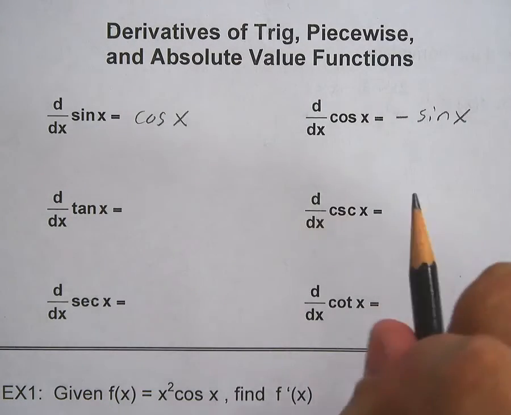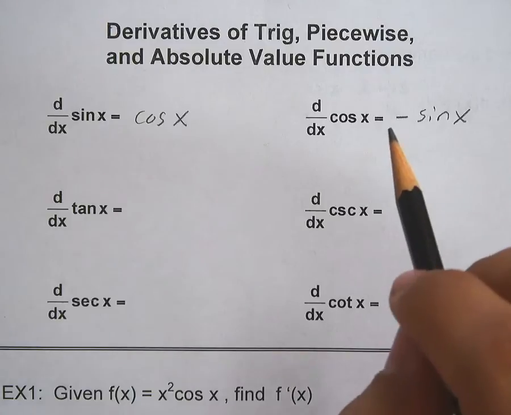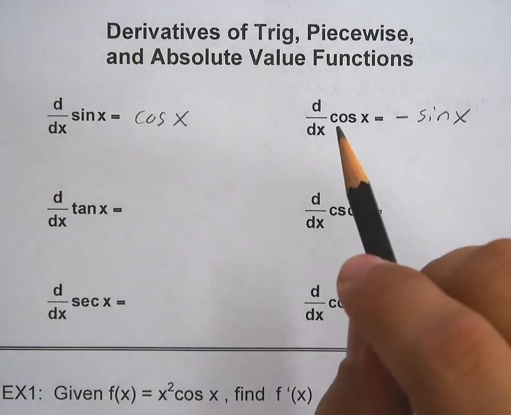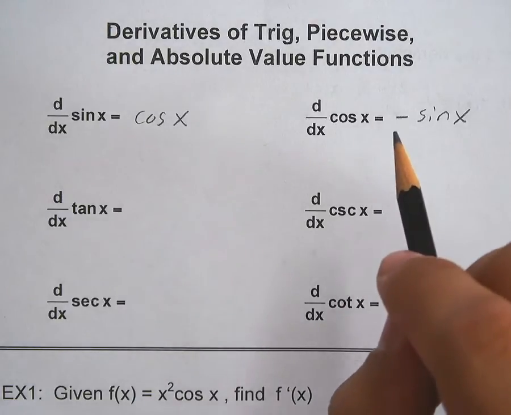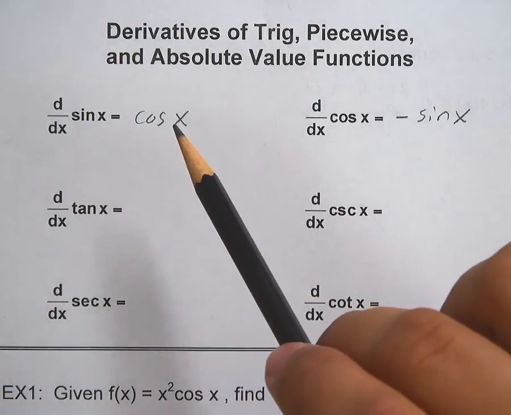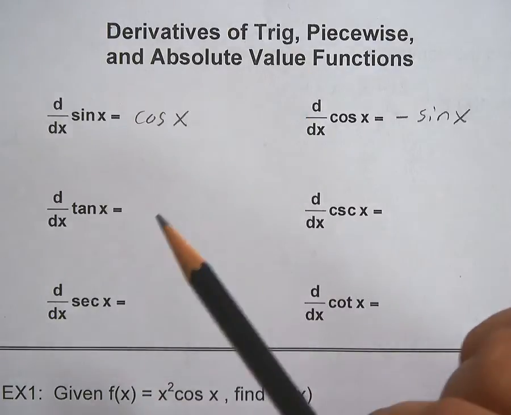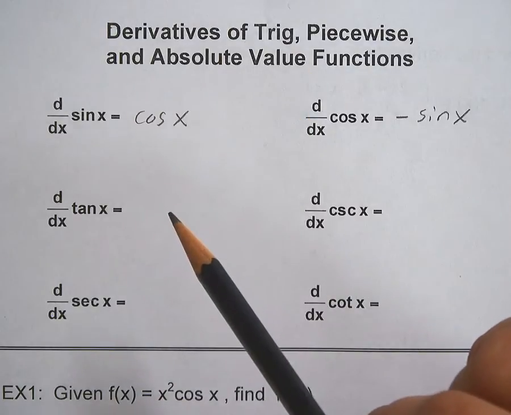Now, these two are where a lot of people get lost because they forget that to go from cosine, you have to put a negative in front of sine. You can go from sine to cosine all day, but to go from cosine to sine, derivative-wise, got to have that negative in front. Okay?